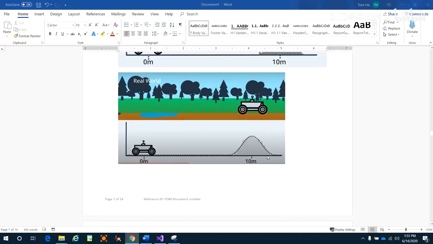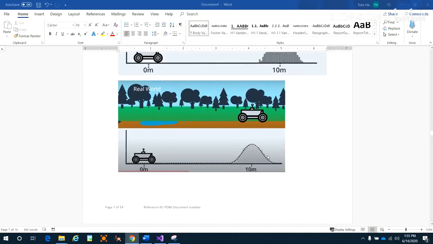In some really good environments, for example a factory with no windows and a really good floor, the curve right here may be narrow. In other environments with a lot of noise, the curve is wide, as the covariance is really big.